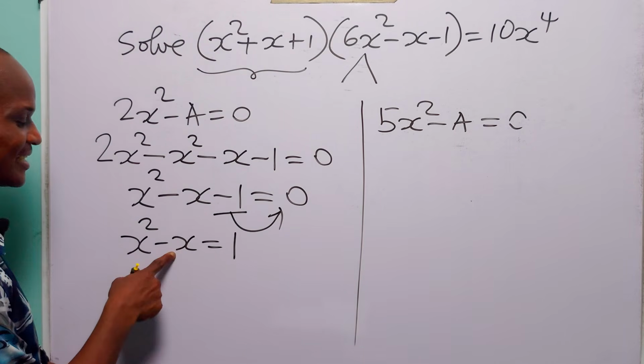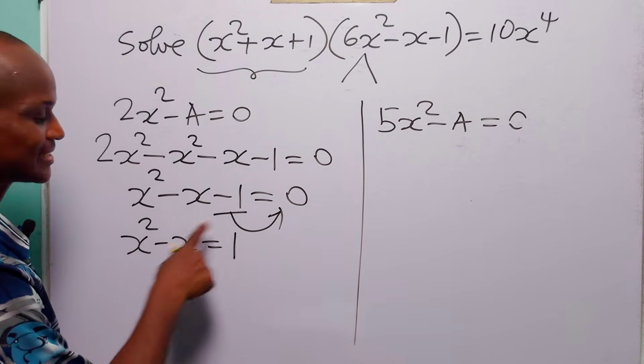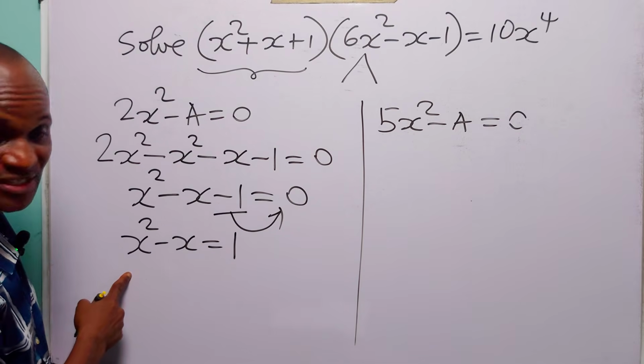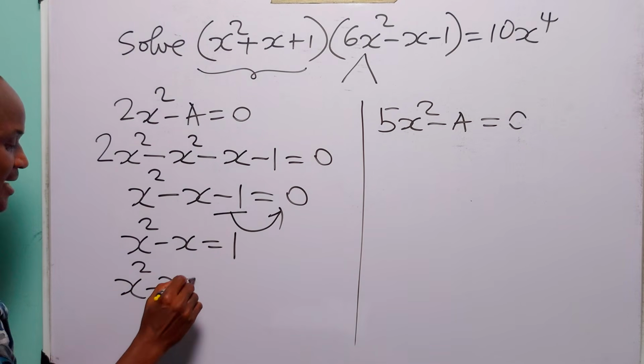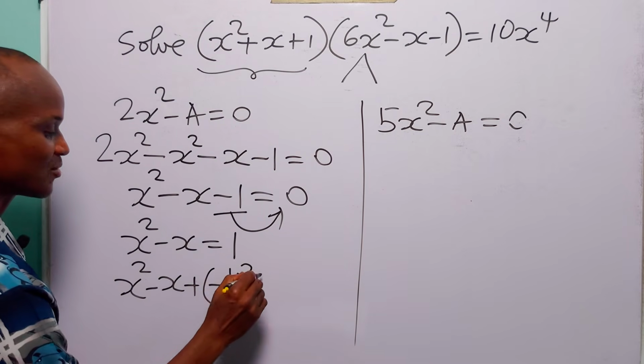Now, we divide the coefficient of x by 2, square it and add to both sides of the equation to complete the square on the left-hand side. When we do that, we have x squared minus x plus minus half squared.